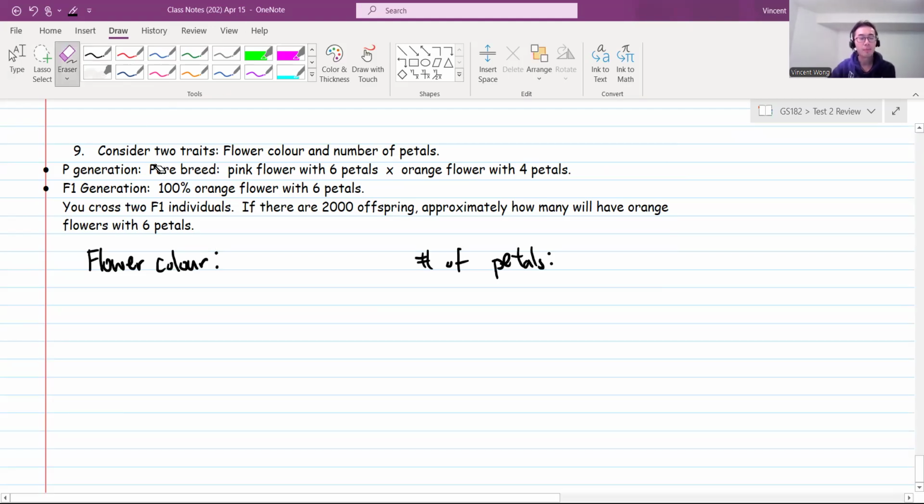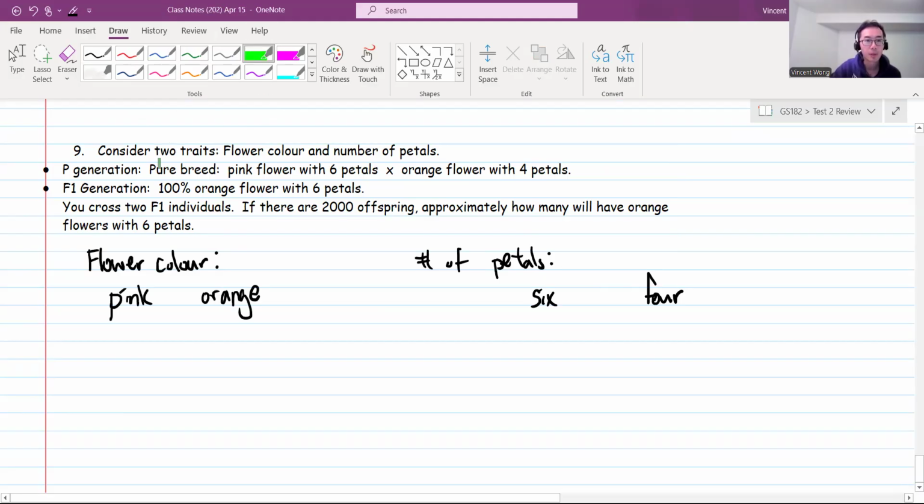So we have pure breed P generation, a pink flower with 6 petals, and orange flowers with 4 petals. So that means the flower is either pink or orange. I don't know which one is dominant. And for number of petals, it is either 6 or 4.